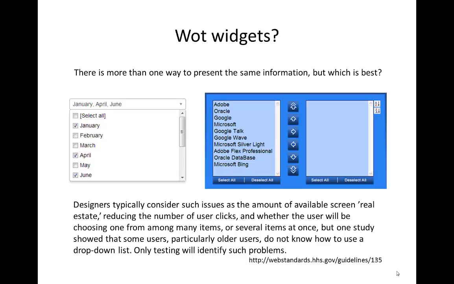The important thing about widget choice is that there are lots of different ways to present the same information. So in the practical, I show you about 4 different ways to search for a country, each of which has its pluses and minuses. But which one is best?